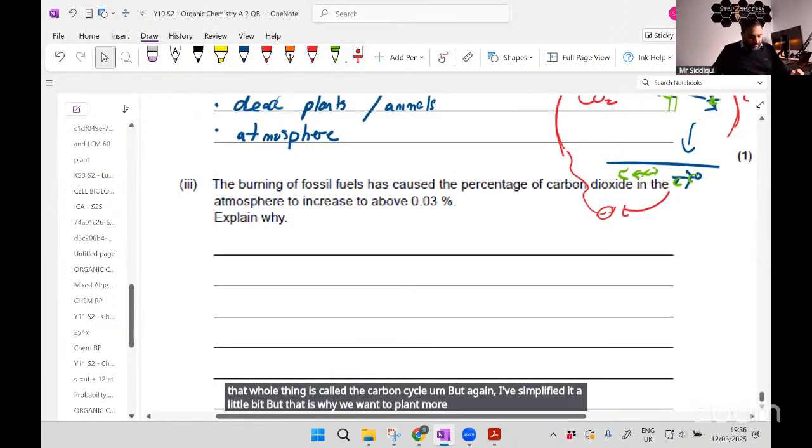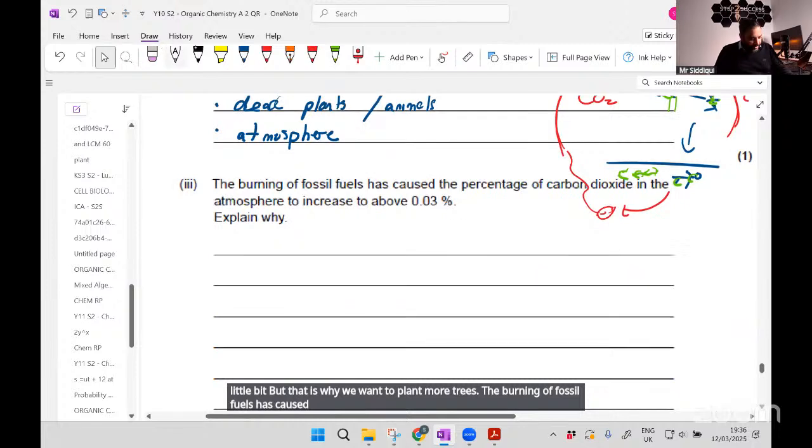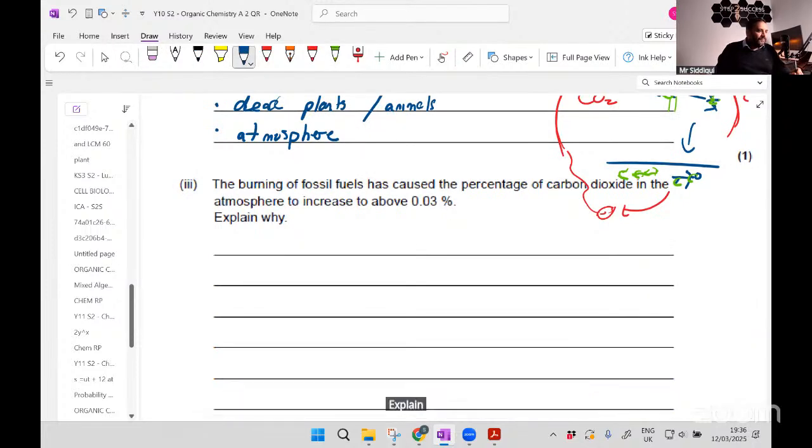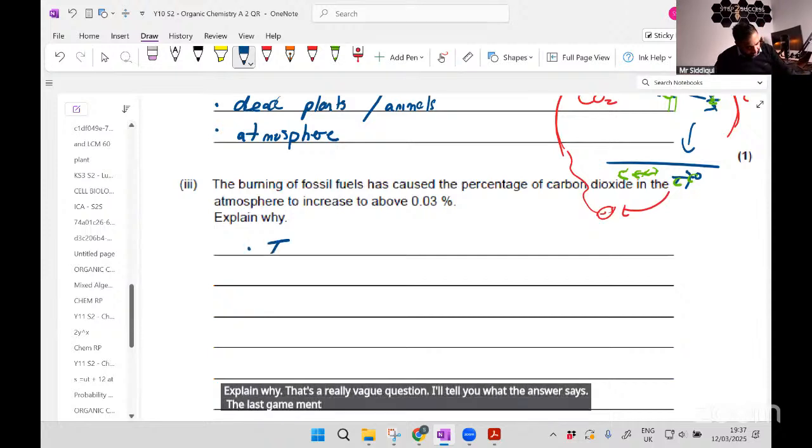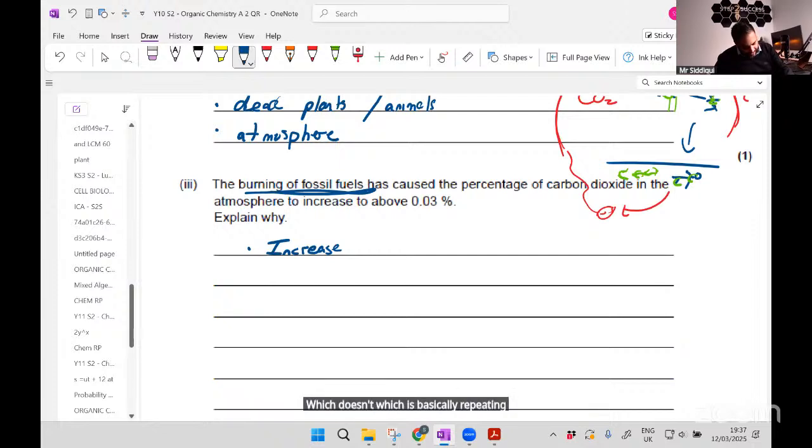The burning of fossil fuels has caused the percentage of carbon dioxide to increase above 0.03. Explain why. Well, what is the answer to that question? That's a really vague question. I'll tell you what the mark scheme says. The mark scheme mentions that there has been an increase in the burning of fossil fuels, which is basically repeating what it says there.